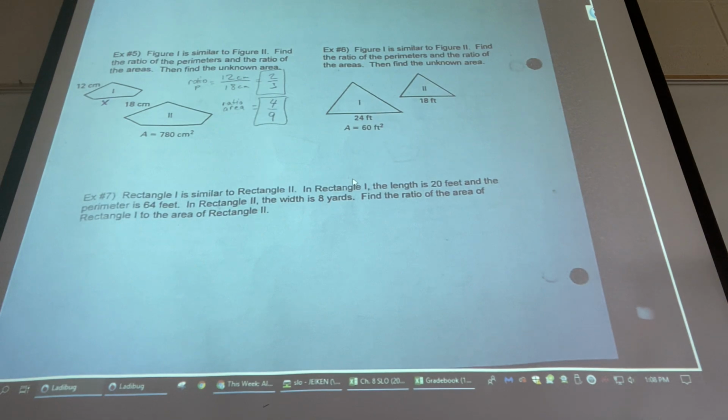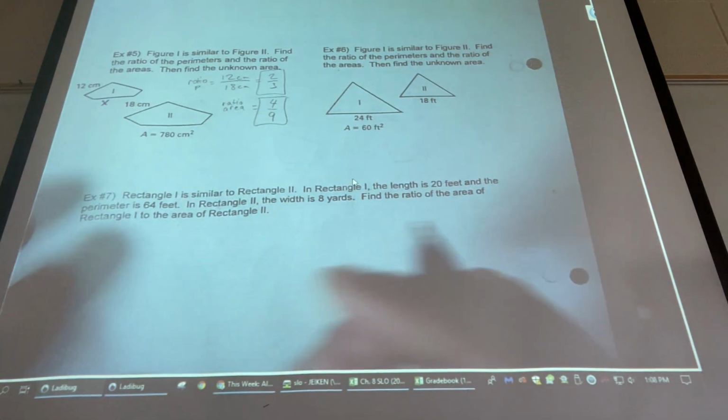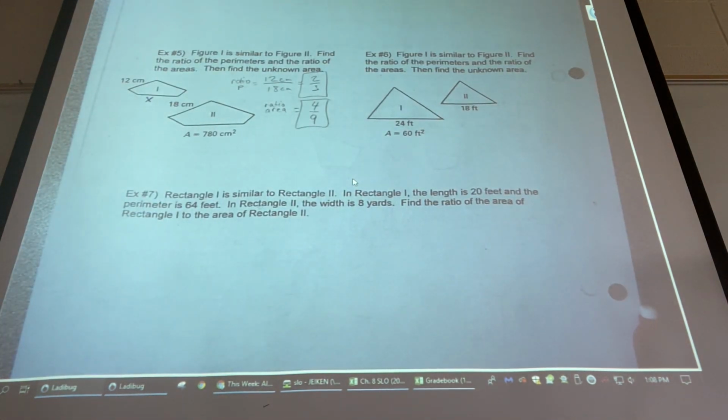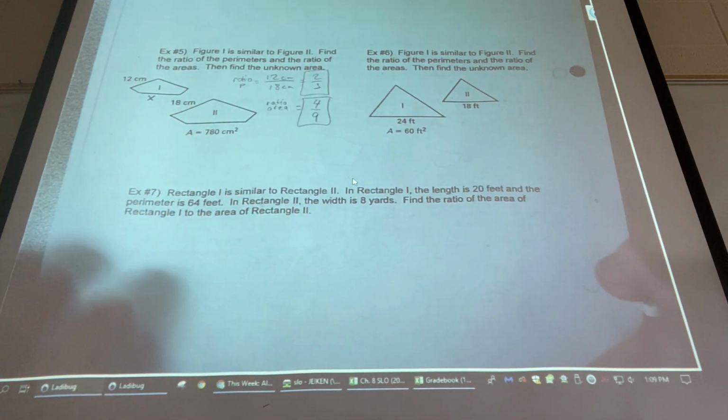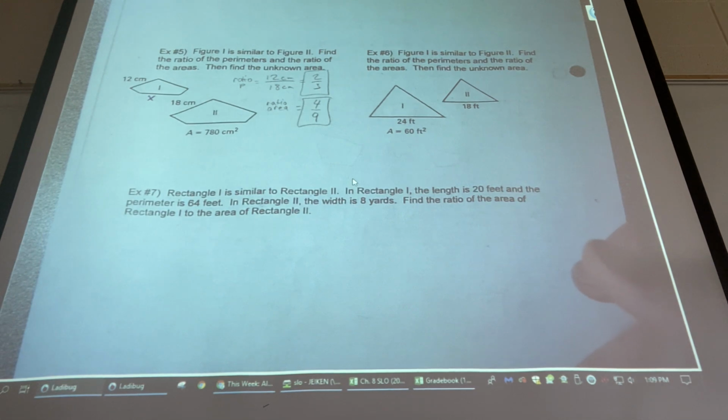And so you can set up a proportion. All right, how am I going to set that up? Most of you already did this, so help me out. I think I got it wrong.